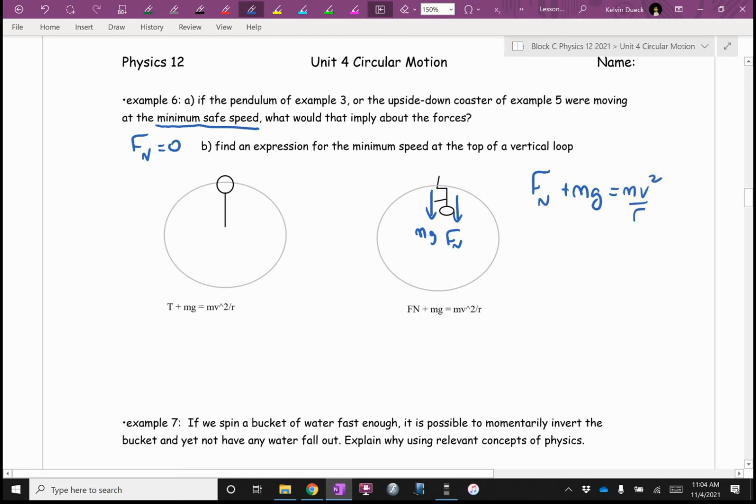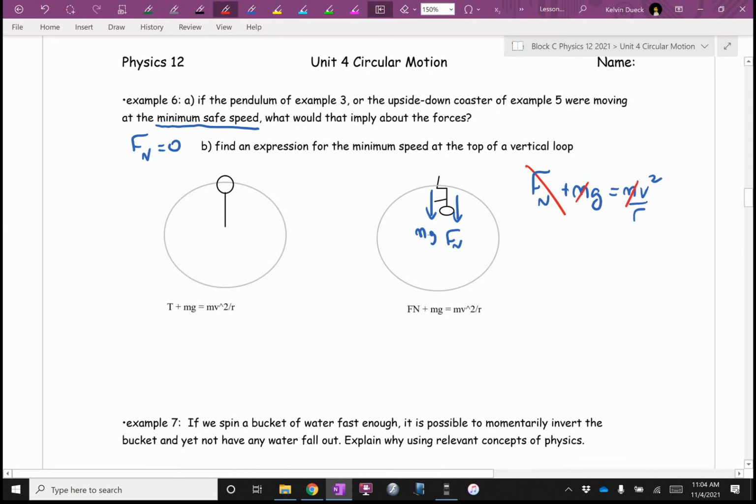But if we're at the minimum safe speed, what's the normal force exactly as a number? Oh, now do the m's cancel? Yep.